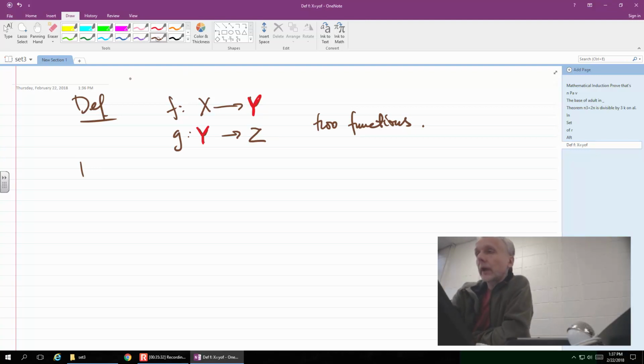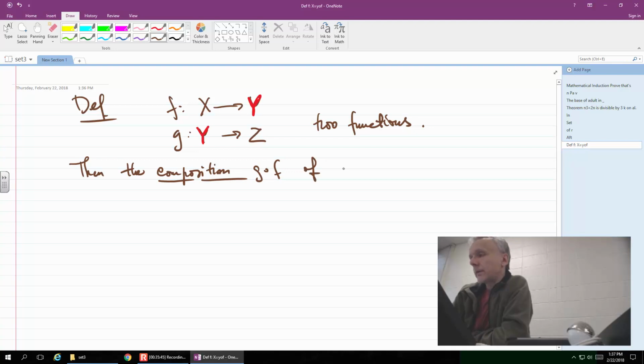So what we're saying then is that the composition of F and G, denoted by G circle F, is a function.